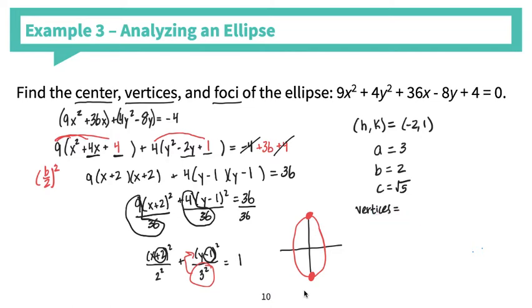What I'm going to have to do is my x value will stay, but my y value, I'm going to have to add and then subtract the a value, which is 3. So I can't just leave it like that, though. I need to actually do the math. So this is going to be negative 2, comma, well, 1 plus 3 is 4.